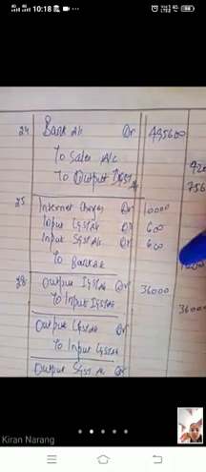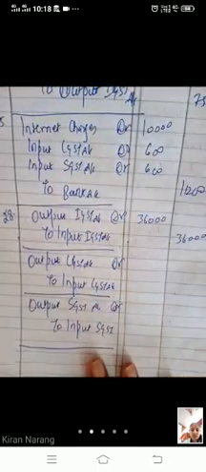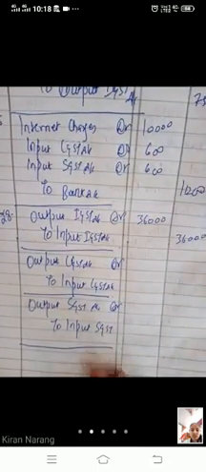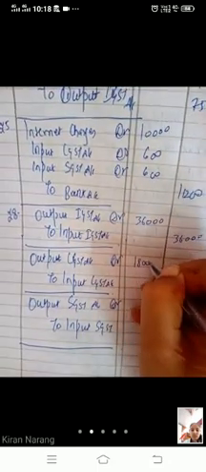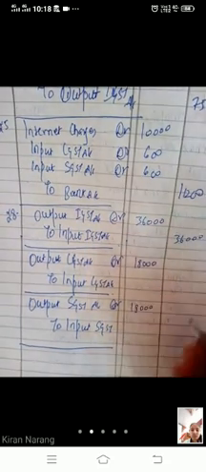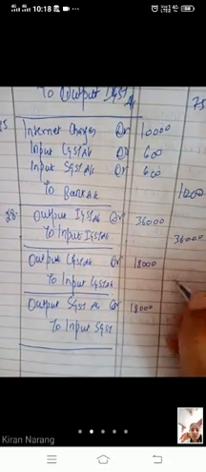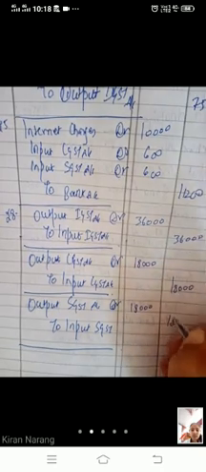We are allowed to keep whatever we have received. Whatever we have received as output was 18,000 and input we are keeping 18,000.